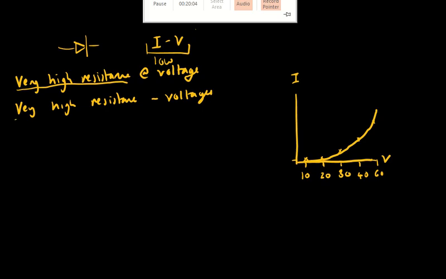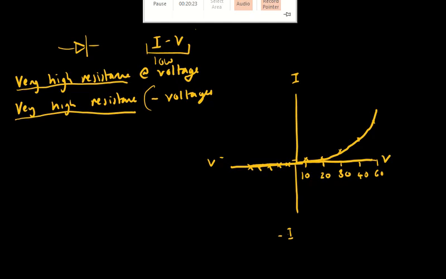And we also said that a semiconductor diode has very high resistance at a negative voltage. So if my voltage is negative, then I'm not going to be generating negative current. I'm just going to be staying on this line here.